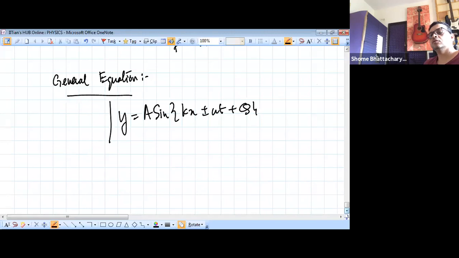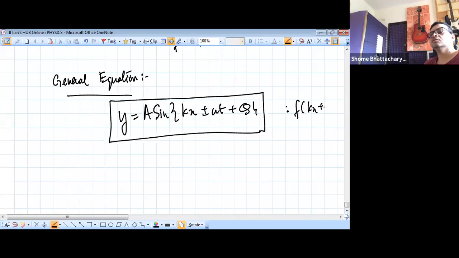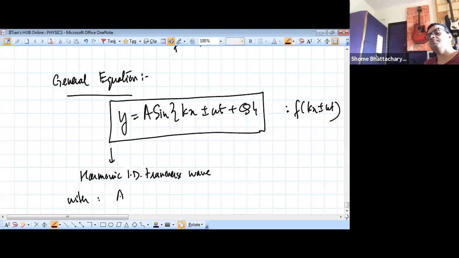So this is your function of kx plus or minus omega t. So this represents that harmonic wave with, now importantly, amplitude becoming nothing but A over here, because sine is maximized between plus 1 and minus 1.